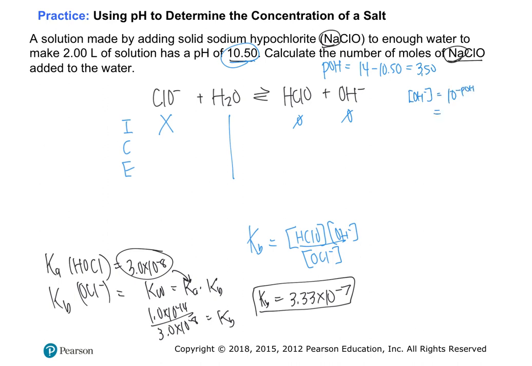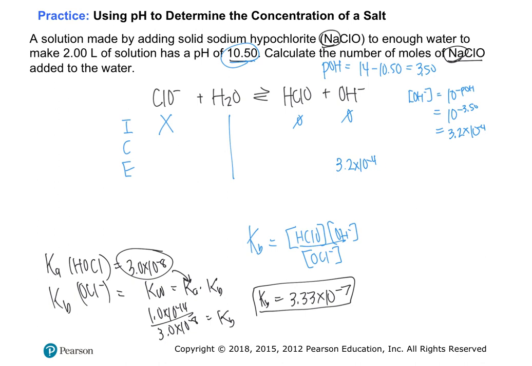So my hydroxide concentration is 10 to the negative 3.5. So I end up getting a hydroxide concentration that is 3.2 times 10 to the negative 4 molar. And that's what I put here for my equilibrium hydroxide concentration.